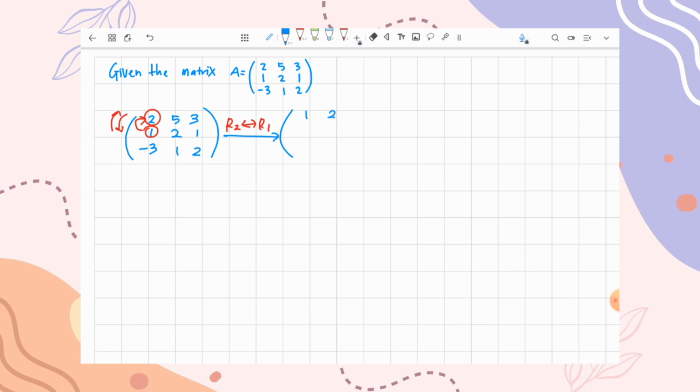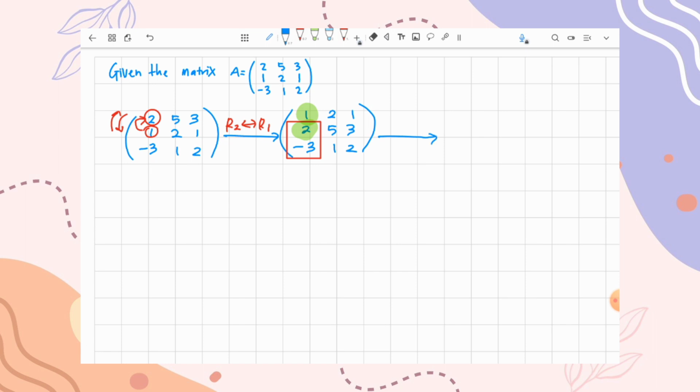and we will get this matrix right here: 2, 5, 3, -3, 1, 2. Just let the third row remain the same. Now, after we found this leading one, the next step is to make sure the numbers below the leading one turn into 0. So let's turn this number into 0.